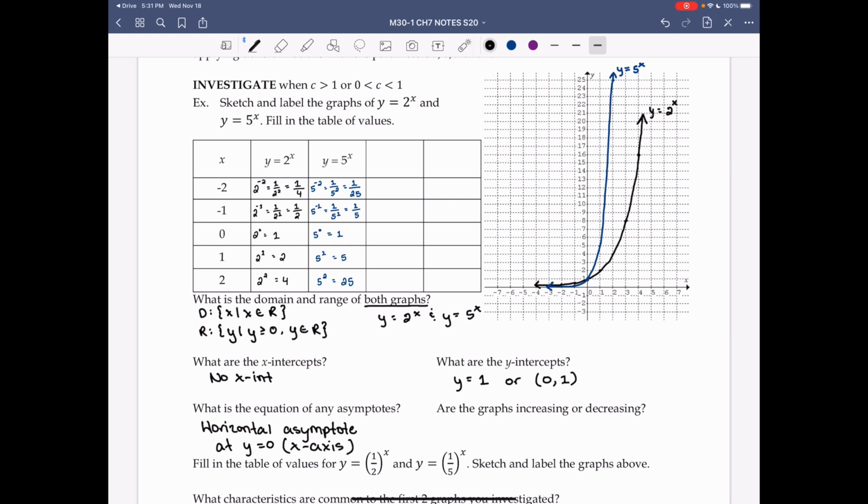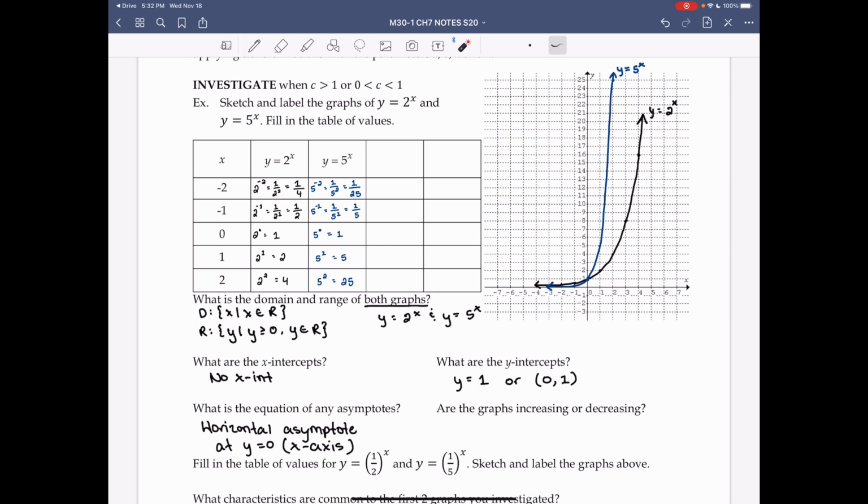The reason we have a horizontal asymptote and we never touch or cross the x-axis is because when we have a negative number in the exponent, that just means 1 over the base to the power of the positive of that exponent. So -2 gives us 2 to the power of -2, which is just 1 over 2 to the 2, which is 1 over 4. If we did exponent of -3, we would just get 1 over 2 to the power of 3, which would be 1 over 8, which is still a positive, just a smaller positive.